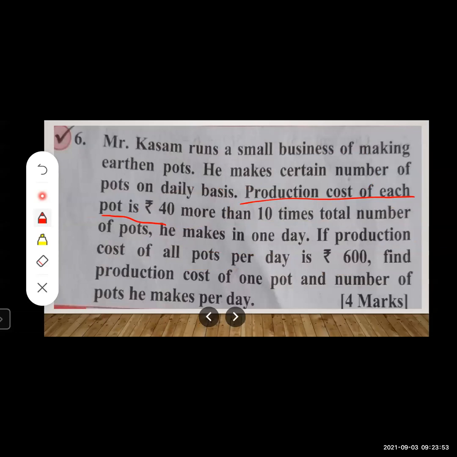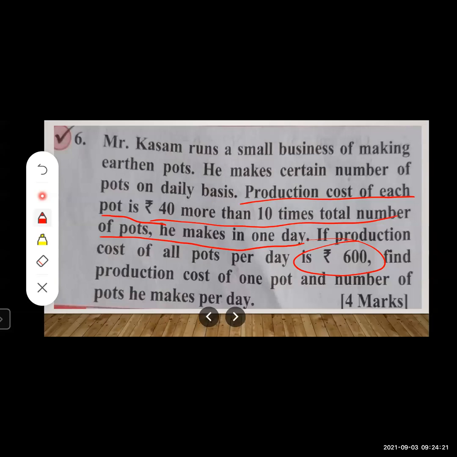Now in the next line, what is given? Production cost of all the pots in one day. If you know the production cost of one pot, you can easily find the production cost of all pots in one day, right?